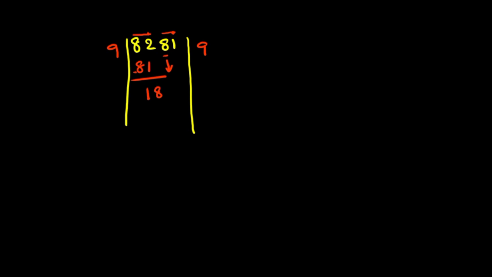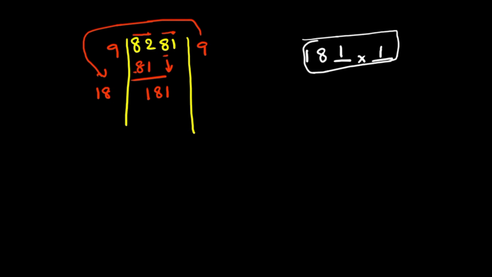So it is 181. Here we should write 2 times 9, that is 18. After 18, we should select a unique digit and multiply it with the same digit, that is 1 I am taking here. Again with 1 I am going to multiply. 181 ones are 181. Now the remainder is 0.